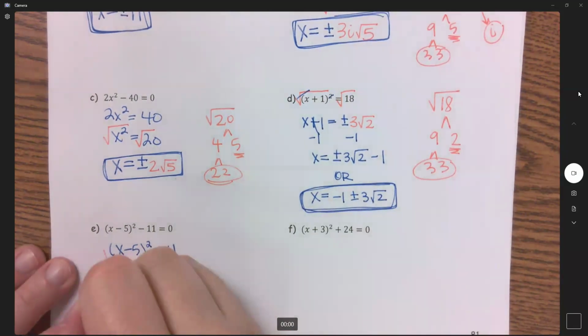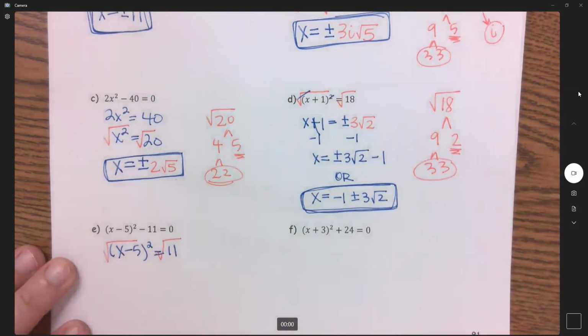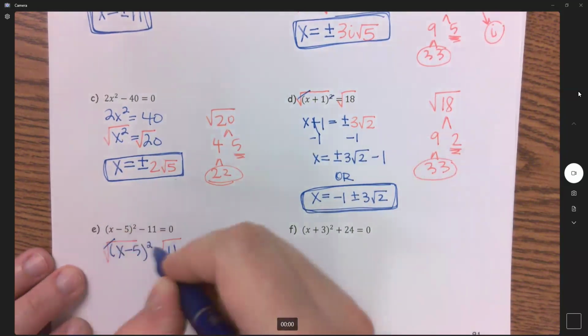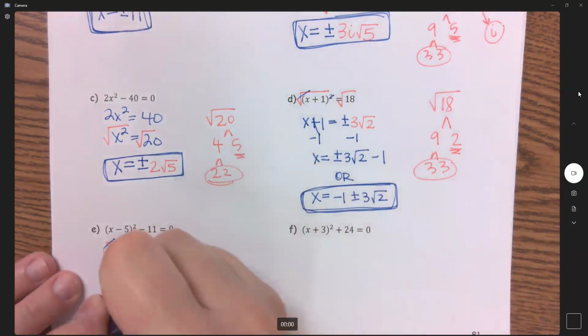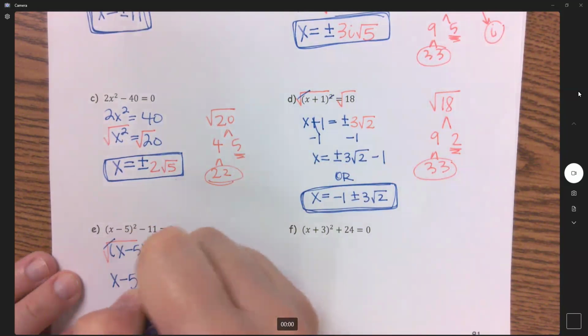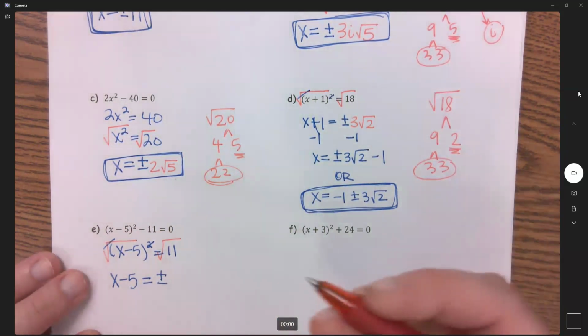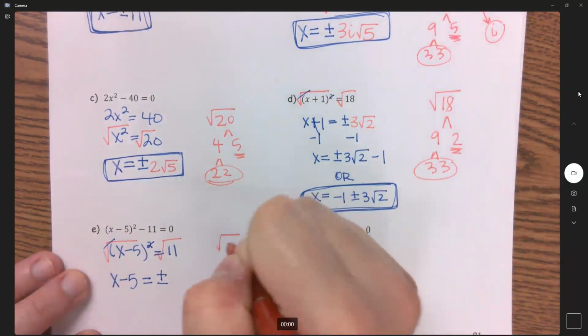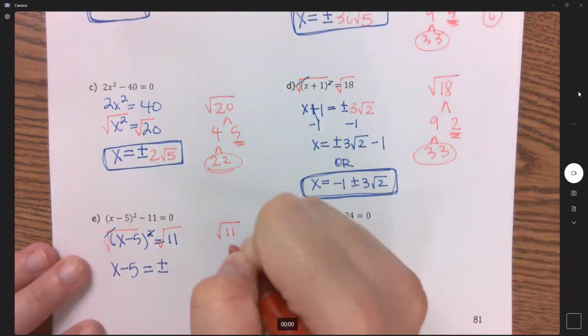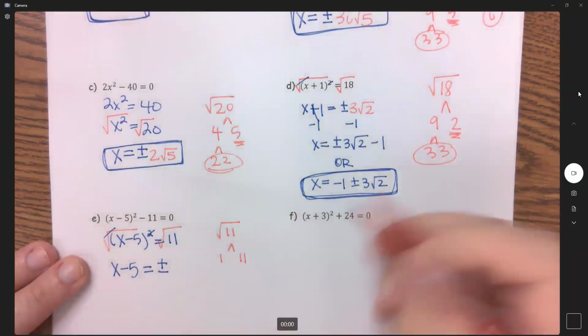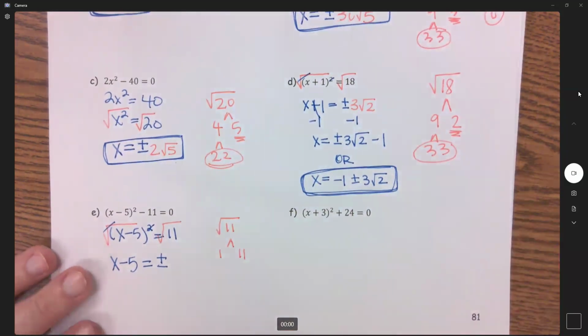Now I can take the square root, which will cancel out the radical and the squared. So I have x plus 5 equals plus or minus, and then simplify if you can. This one doesn't simplify though. When you do the square root of 11, that's a prime number. That's only 1 times 11. I don't have a pair of anything to come out.